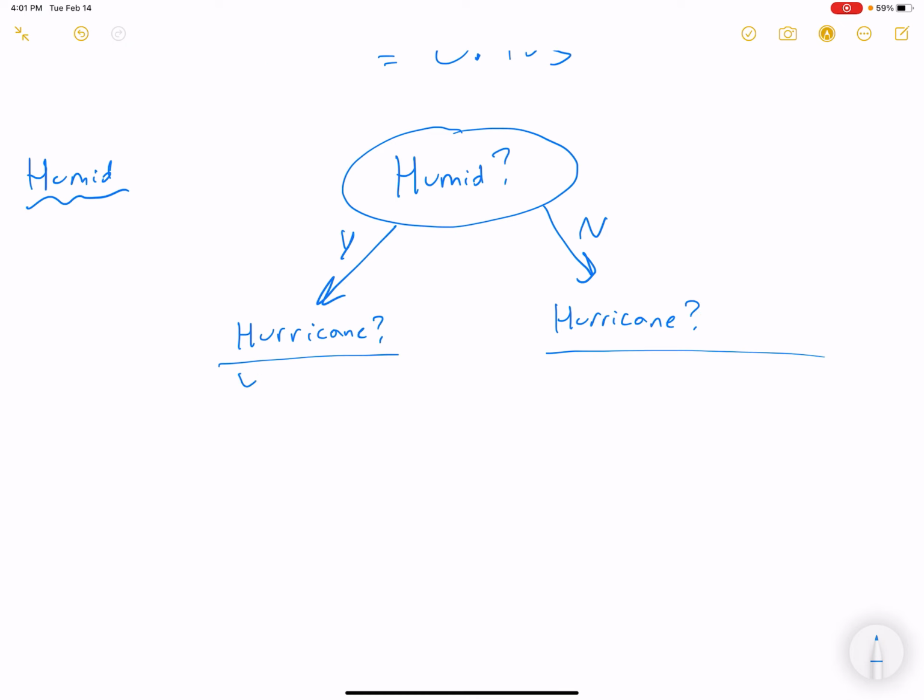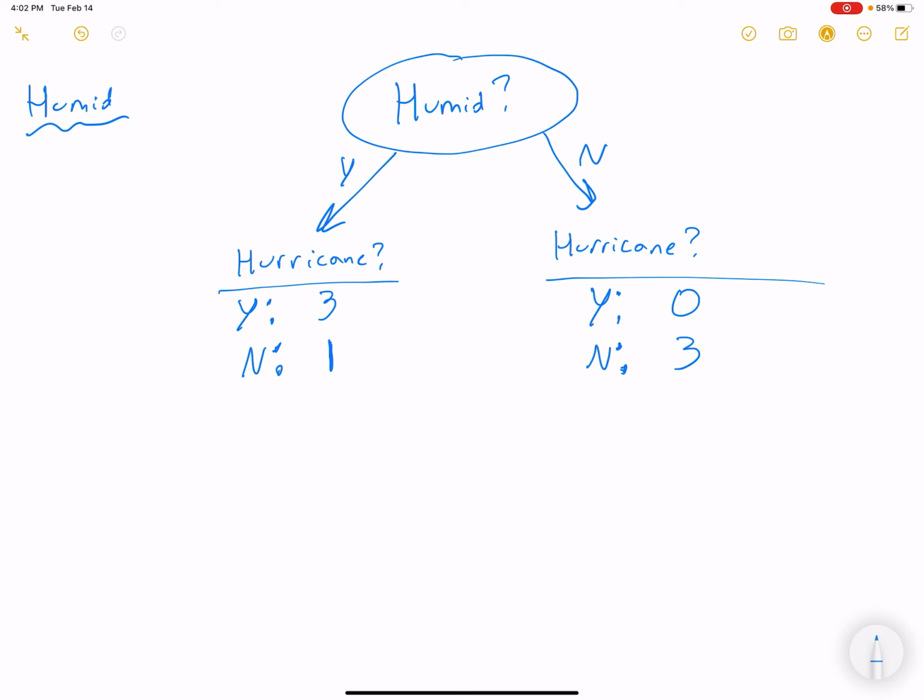So, using the same logic as before, we get 3 yeses and 1 no in this case, and we get 0 yeses and 3 nos. So already we might be thinking just humid might be a better split because in one of the splits it gives us unanimous hurricane being no. So we could stop there.